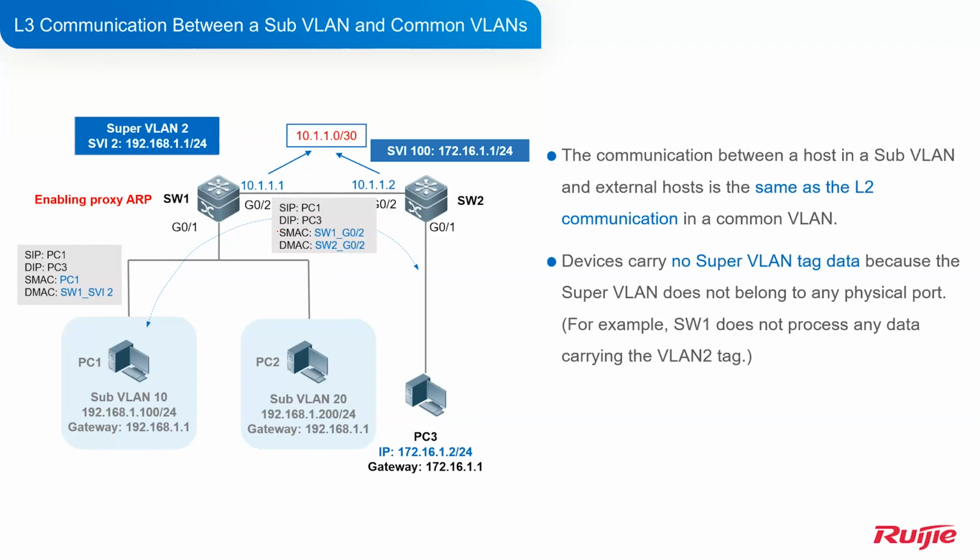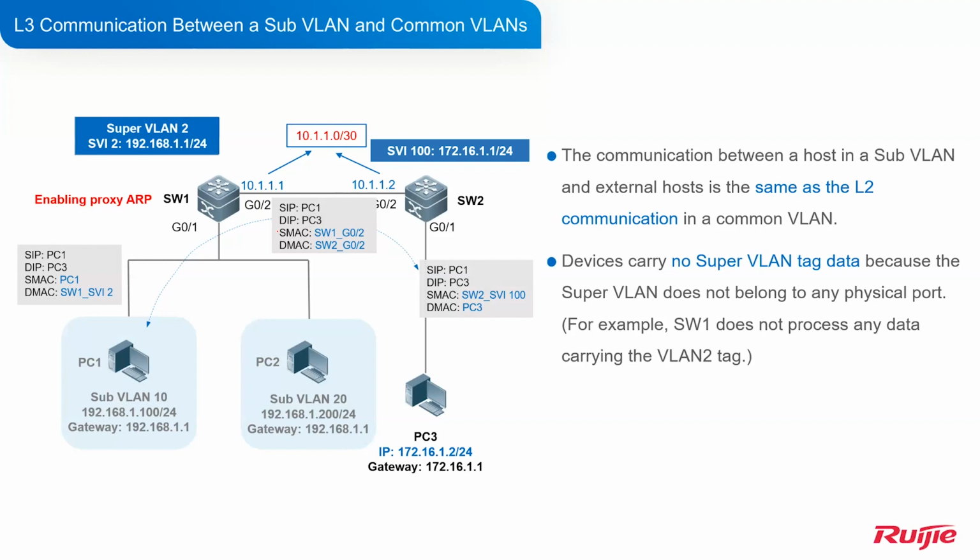This means we are forwarding the packet from SW1 to SW2. After receiving this, SW2 will send it to PC3, and you can see the source MAC and destination MAC have been changed again. The source MAC is the MAC address of SVI 100 on SW2, and the destination MAC is the MAC address of PC3.